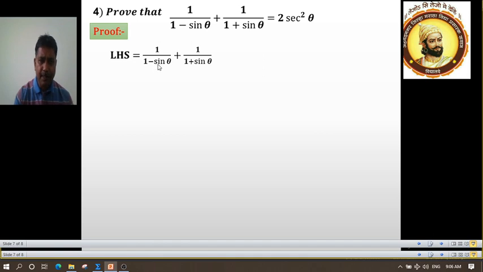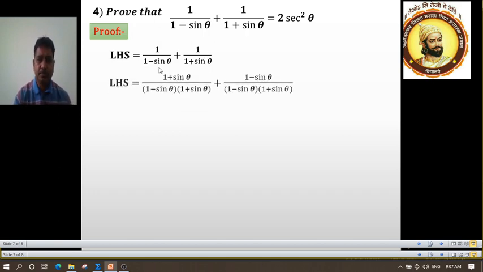Now if we take the LCM of the first and second term, that LCM is 1 minus sin theta into 1 plus sin theta. So to the numerator and denominator of the first term multiply by 1 plus sin theta, and to the numerator and denominator of the second term multiply by 1 minus sin theta.